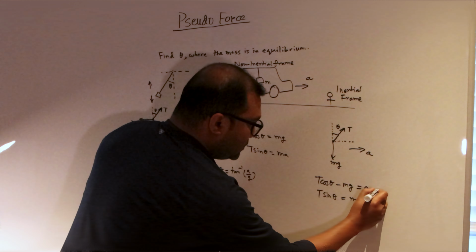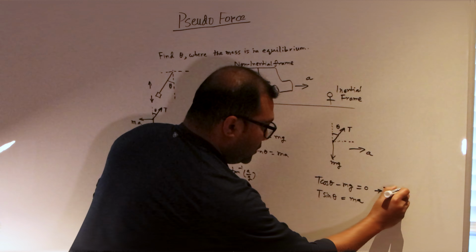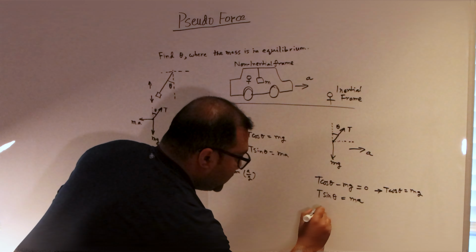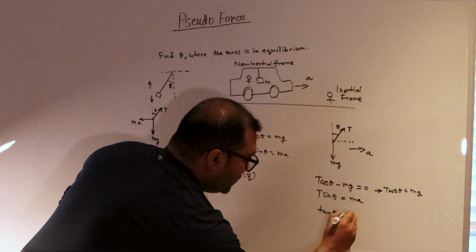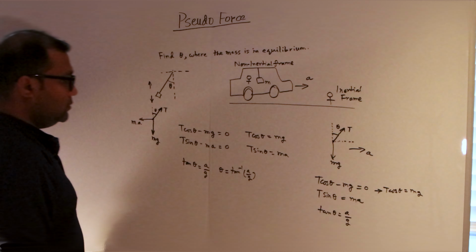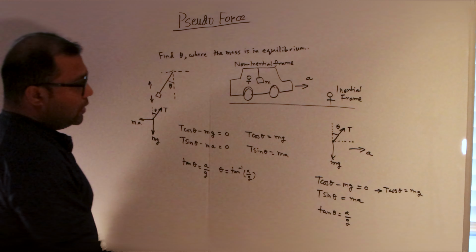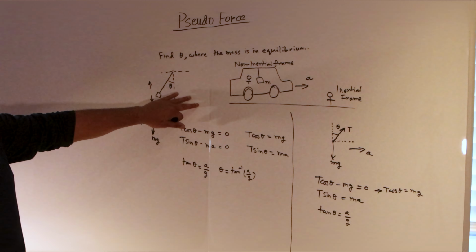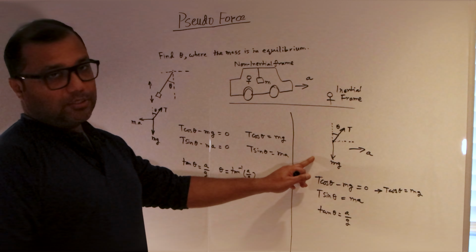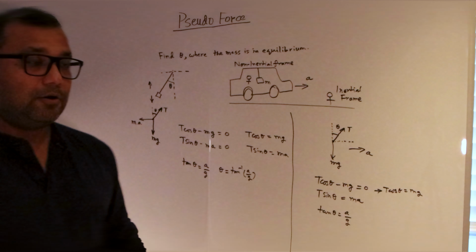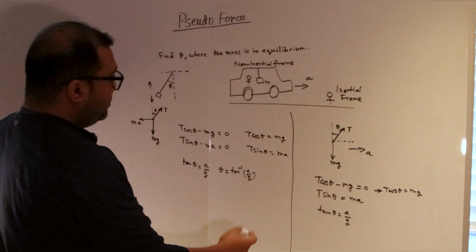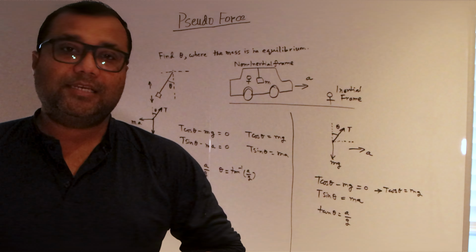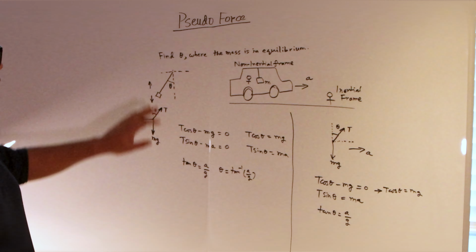So now from this we get T cos theta equals mg, and we arrive at the same two equations. We get tan theta equals a by g, so theta is tan inverse a by g. So you can solve any problem in a non-inertial frame as well as in an inertial frame. But often it is found that if you solve the problem in the non-inertial frame introducing a pseudo force, it becomes easier to solve it. So that is the beauty of pseudo forces.